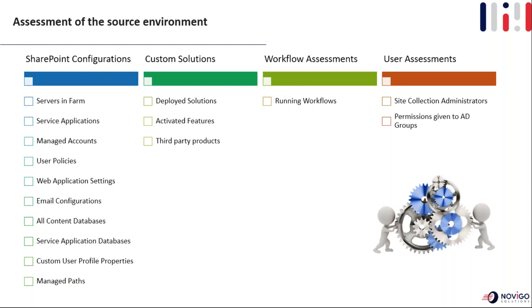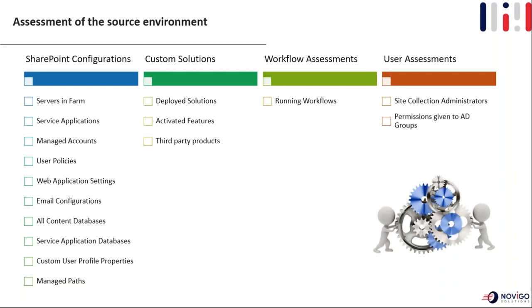In terms of the SharePoint configurations, it could include the number of servers in the farm, your service applications and their configuration, the managed accounts created in your source environment, user policies set up at the web application level, and the web application settings. It could be related to claims authentication or permissions, etc. Your email configurations, all your content databases, because you need to take a backup of them and restore them in your target environment, service application databases, and your custom user profile properties.